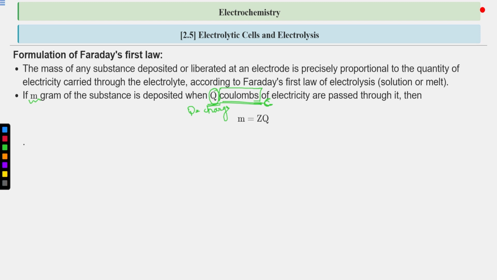So if m gram of the substance is deposited when Q amount of electricity is passed through it, then m will equal ZQ, because m equals Z times I times t, and I times t is basically Q. So m equals ZQ.